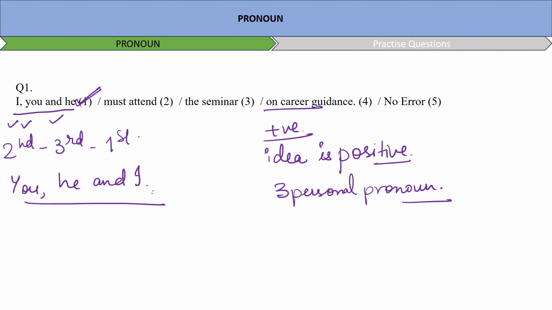Okay, moving ahead. I think we have missed question number 2. Let's move to question number 3.